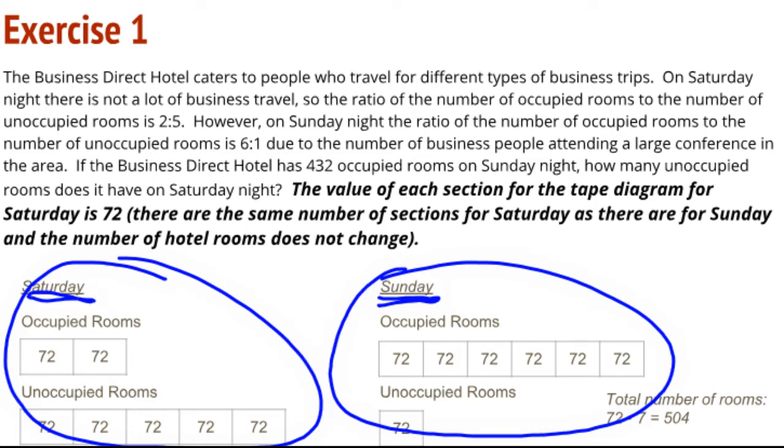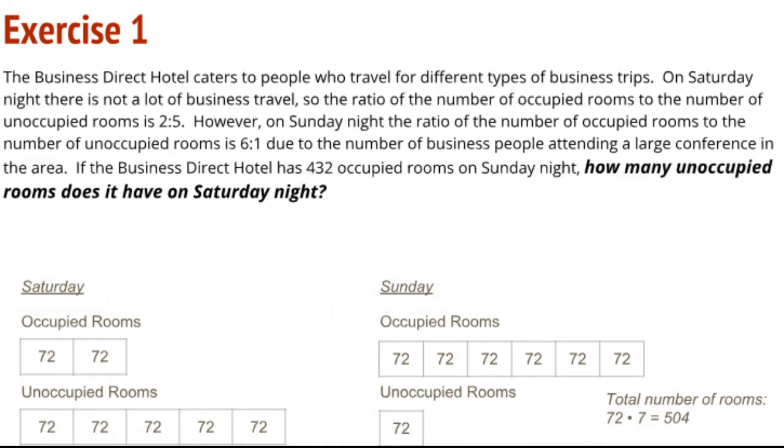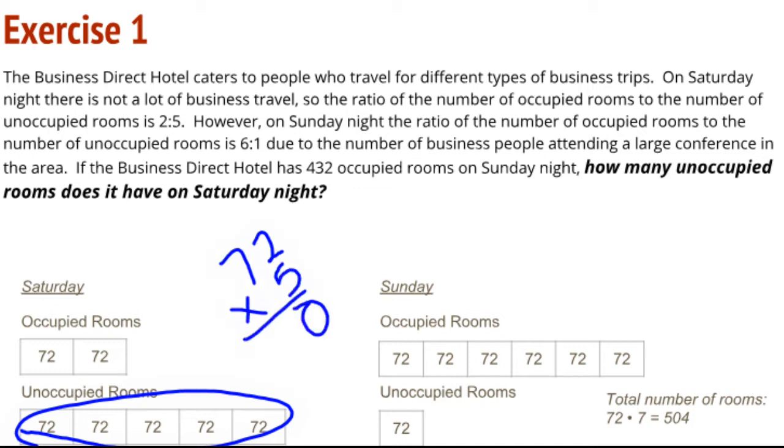We are going to have the same value for each of the units. So, how many unoccupied rooms on Saturday night? Well, 72 times 5. They have 360 unoccupied rooms on Saturday night.